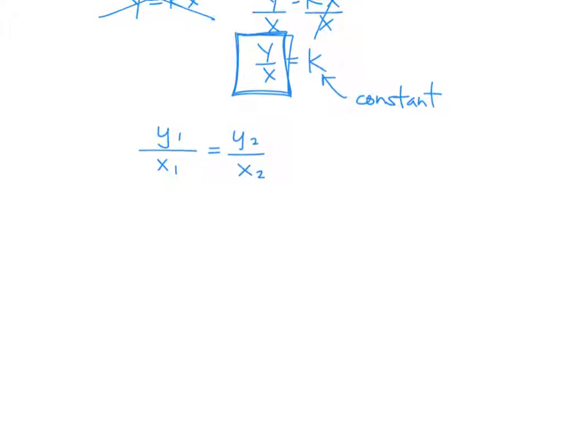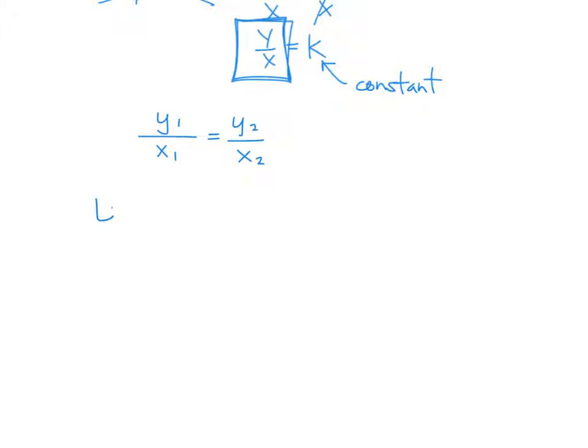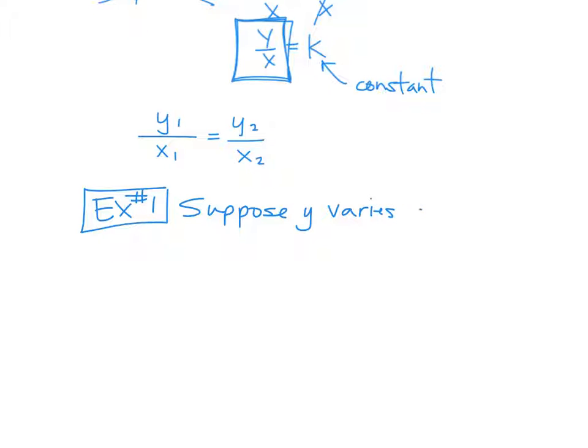So here's what the problems will look like. Example 1. It's going to say, suppose y varies directly with x. Y is 9 when x is negative 15.